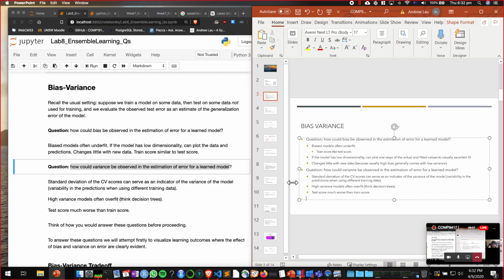As I say, if your test slash validation accuracy or cost is far worse than your training, then you're likely overfitting. There's actually another way you can ascertain the variance of your estimator. So hopefully you guys recall cross-validation. Just a quick bit of revision.